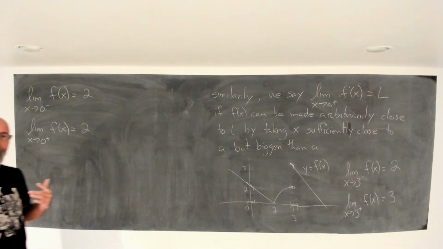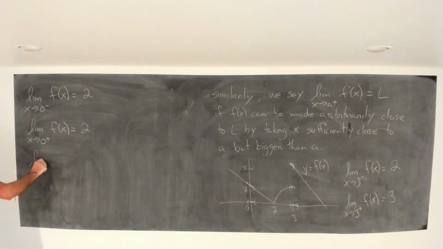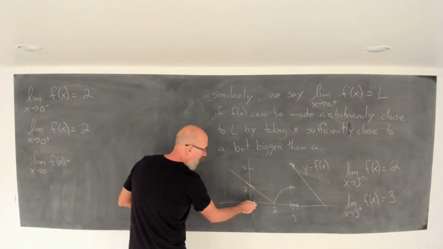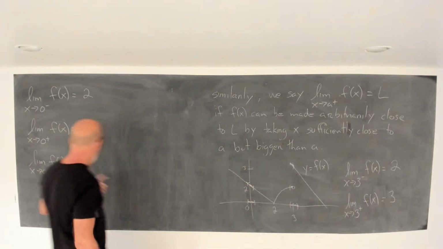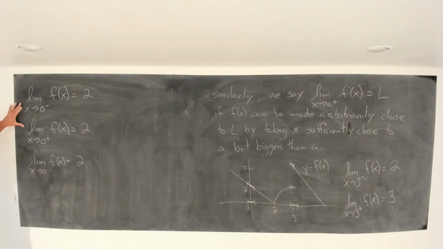Let's take a step back now. Before, we were just talking about the limit as x goes to 0. And we had discovered independently, right? Whether you're taking them bigger than 0 or less than 0, they're always getting mapped to something close to 2. Now that we have split this idea up into left and right-handed limits, we see that everything agrees here.